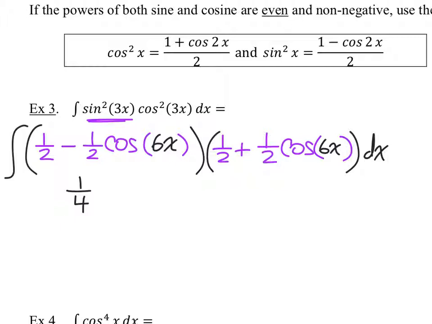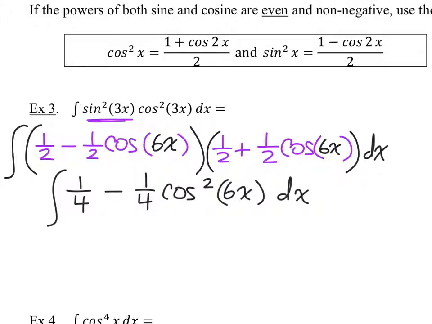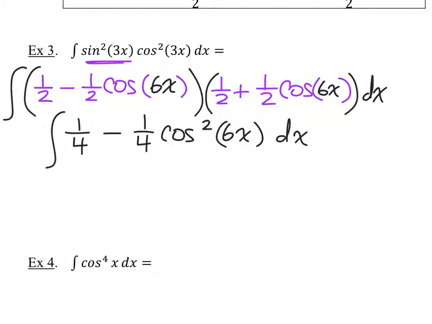Minus cosine squared 6x. So again, you might look at it and say, the situation has not improved. But I would disagree with that, because here we had both sine and cosine raised to the second power, so we had a fourth degree expression.